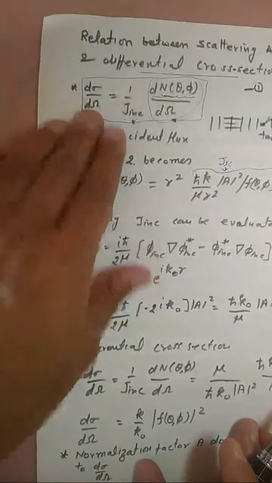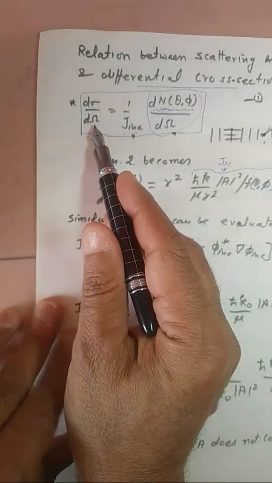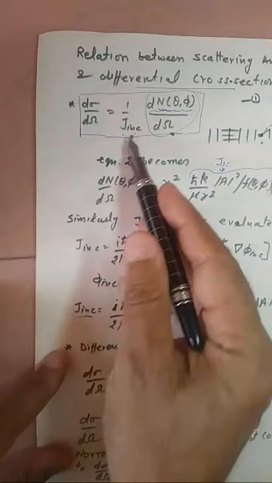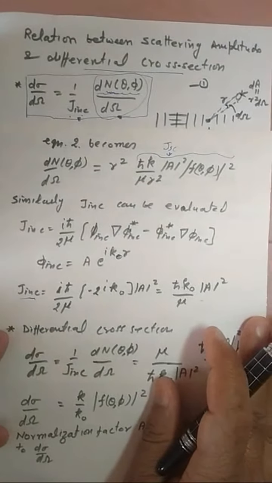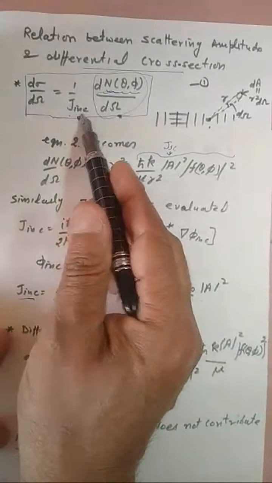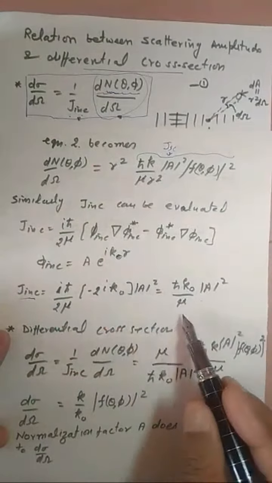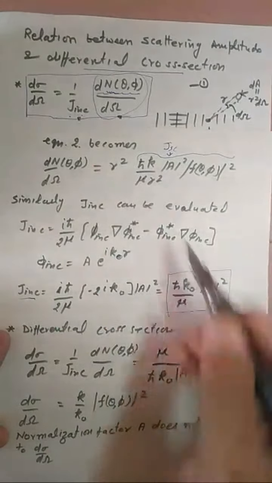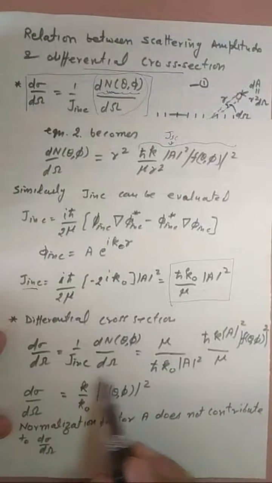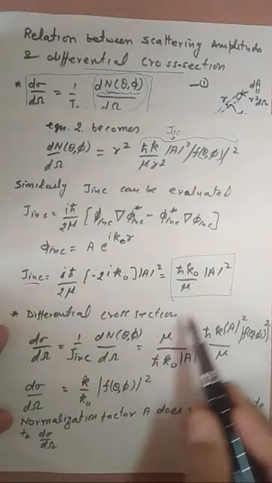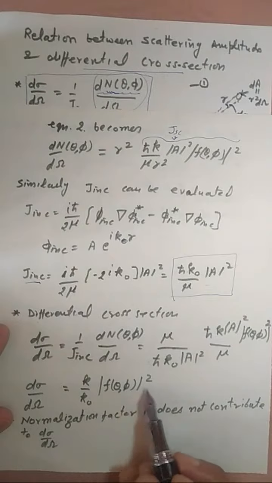So in order to solve the differential cross section relation, we have evaluated both the j incidence flux and this d n by d omega. On substituting these quantities in the differential cross-section relation, we got k by k naught into f of theta whole square.